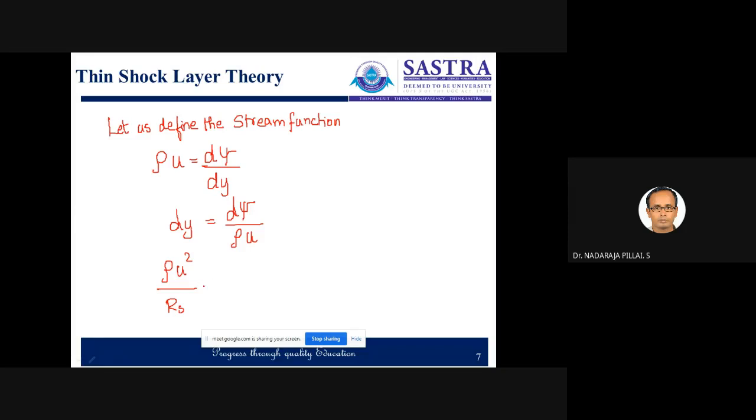Rho u square by Rs is equal to dou p by dou y. Now let us substitute this dy in this equation and write it here. So rho u square by Rs is equal to dp by dy.